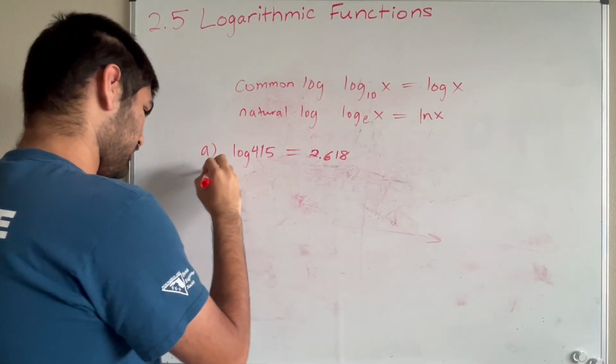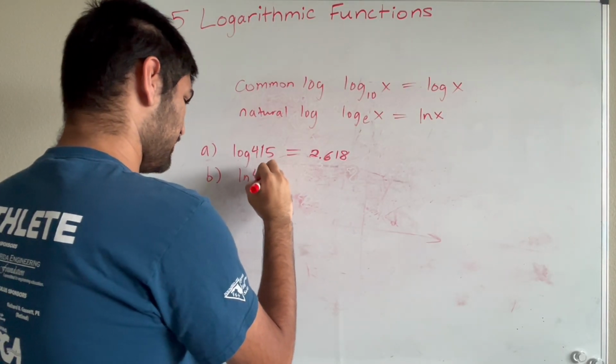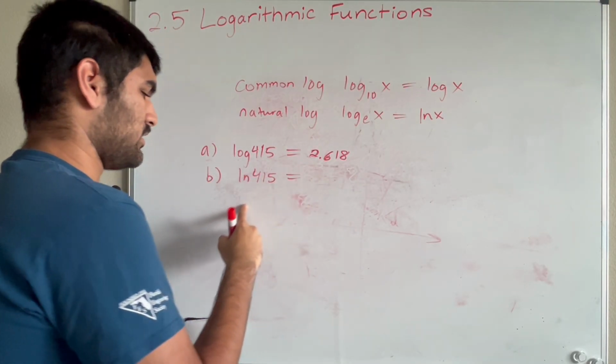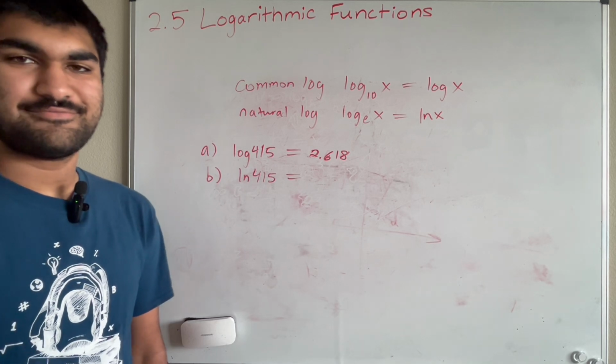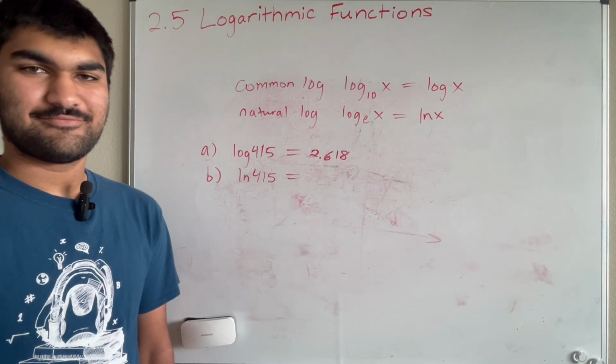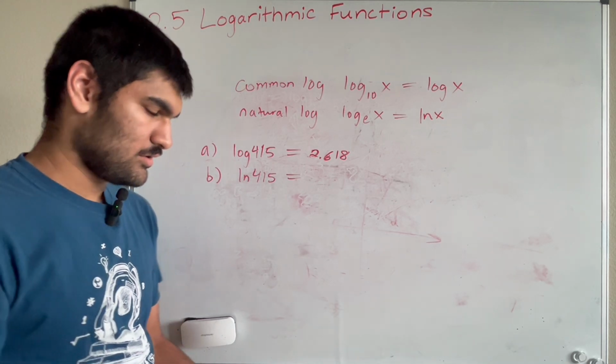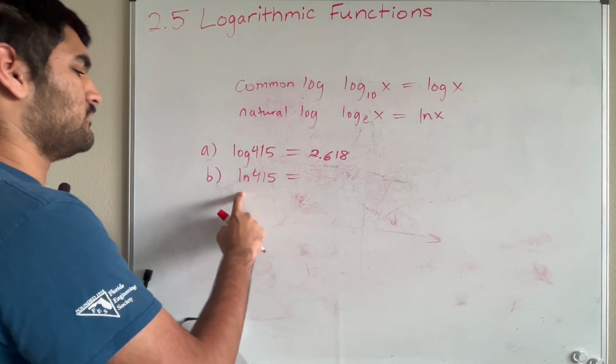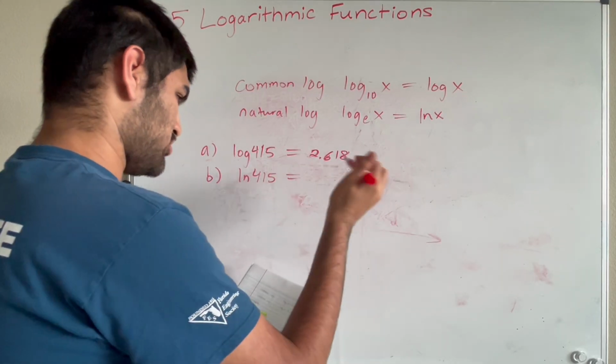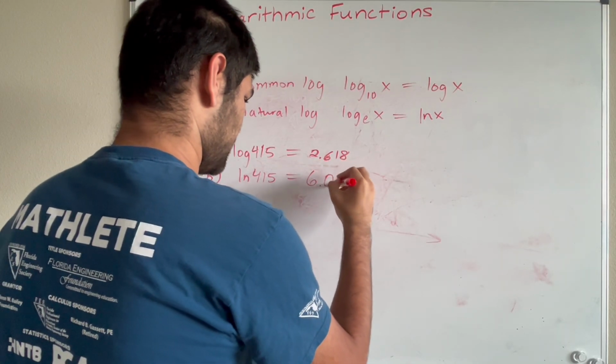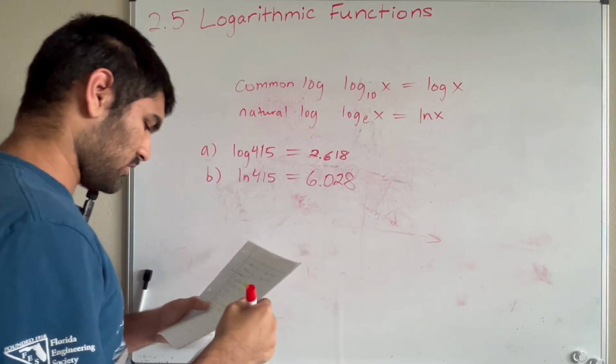Now go ahead and put this into your calculator and see what you get. So now you had natural log of 415, and if you put that into your calculator, you should get approximately 6.028.